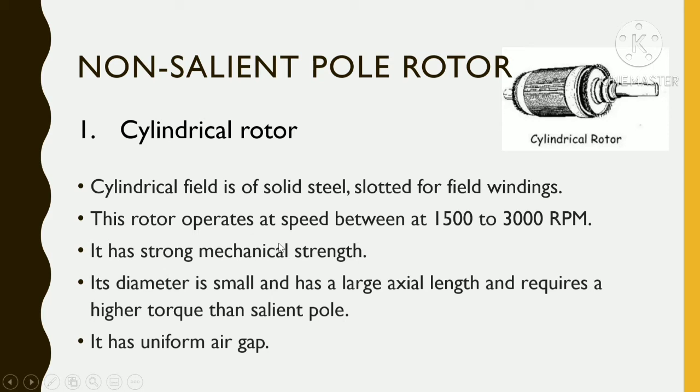It requires higher torque than a salient pole, kasi nag-operate siya sa mas mabilis na revolution per minute. Then, next, it has uniform air gap. Kabaligtaran ito sa salient pole, ito naman is less noisy, itong cylindrical rotor.